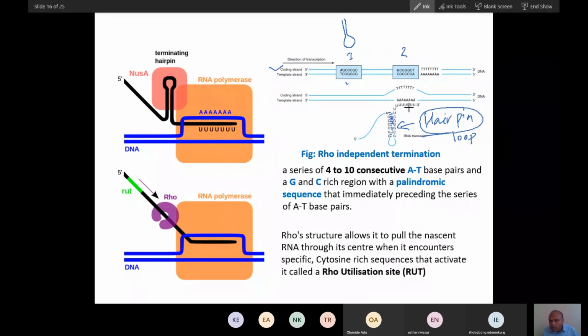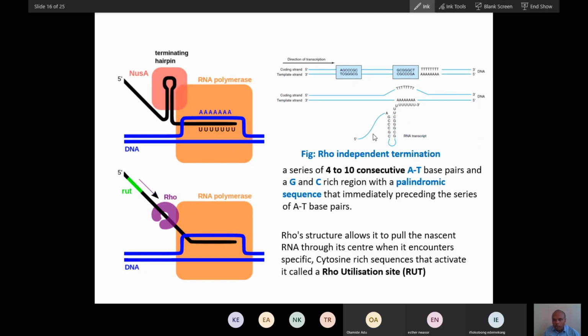When RNA synthesis happens on this A and U region, A and U will be able to form only double bonds. Continuous double bonds will not be that stable, and this hydrogen bond between A and U is weaker. Because of this weakness and formation of the loop, there will be termination of transcription.